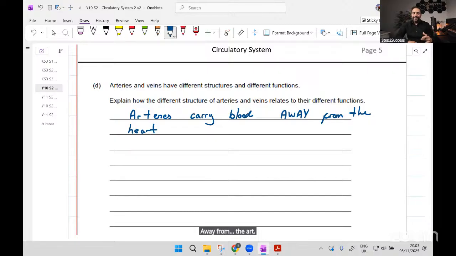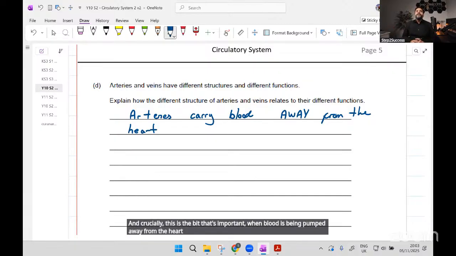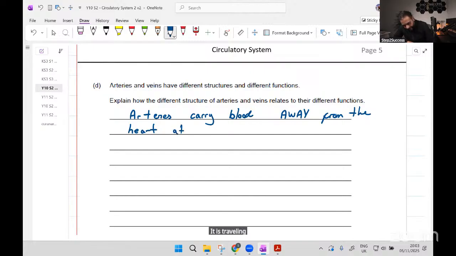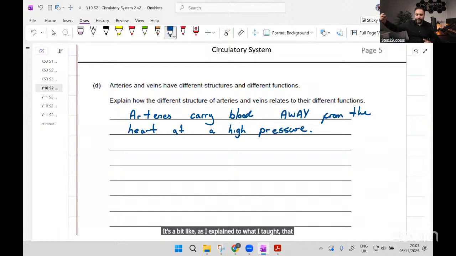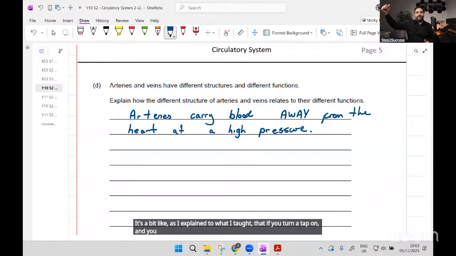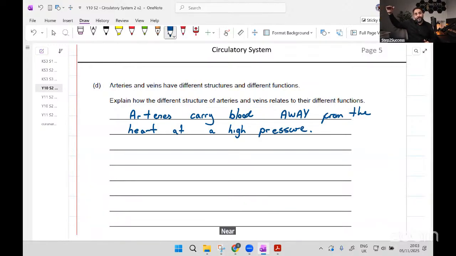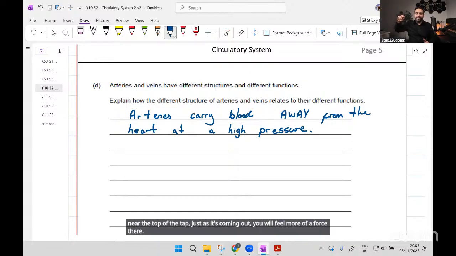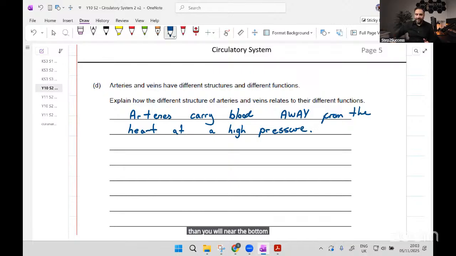And crucially, this is the bit that's important. When blood is being pumped away from the heart, it is traveling at a very high pressure. It's a bit like, as I explained to the ones I taught, that if you turn a tap on and you put your hand near the top of the tap, just as it's coming out, you will feel more of a force there than you will near the bottom if you put your hand just as it touches the sink.